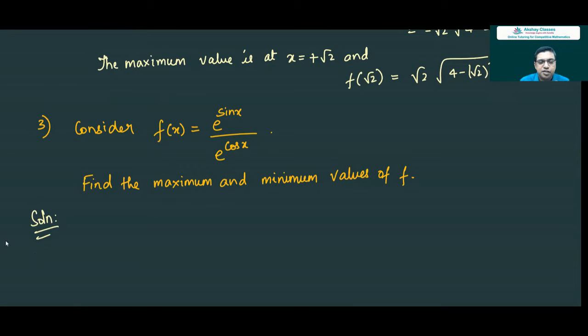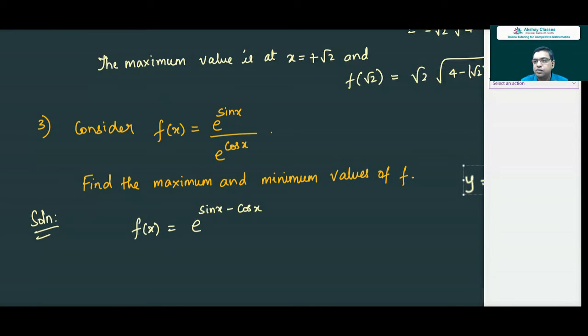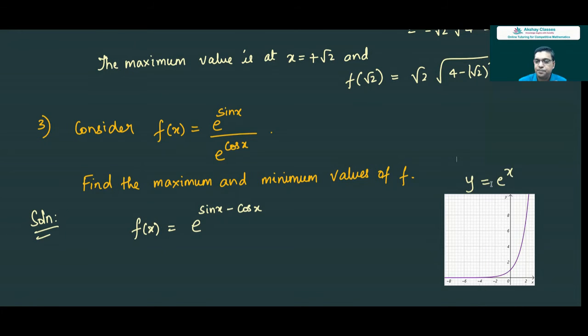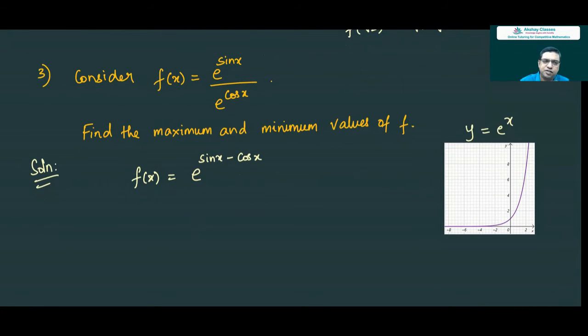Now, this is an exponential function. F of x can be written as e power sin x minus cos x. Now, we know that an exponential function is an increasing function. So, this is the graph of the exponential function. The exponential function is an increasing function.